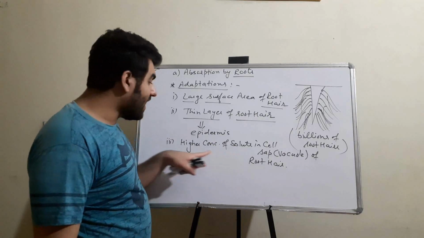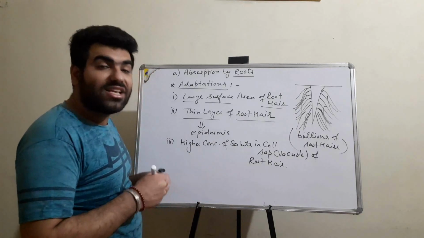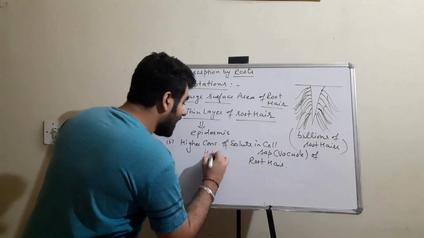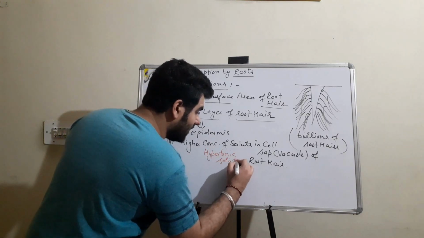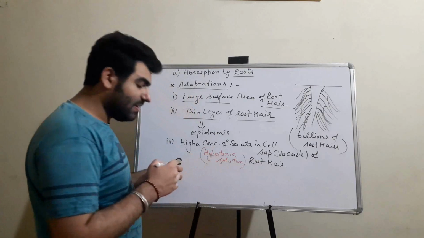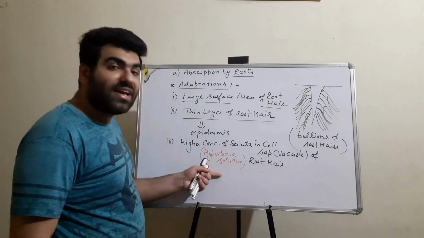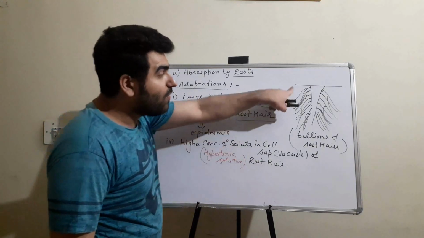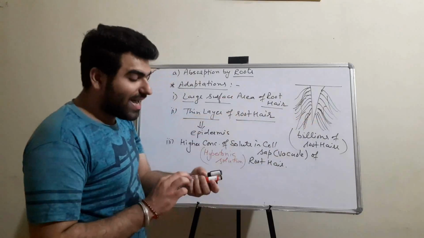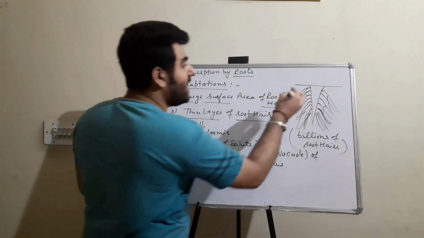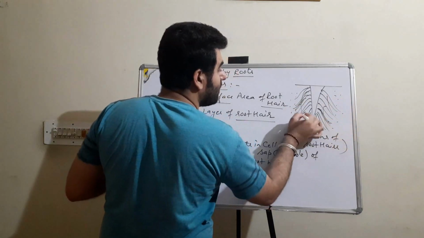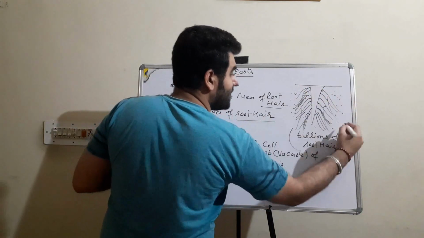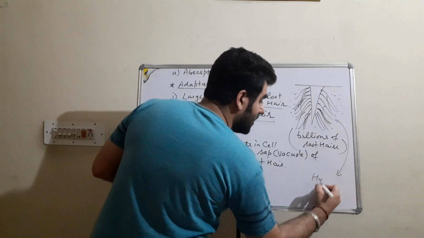That is why there is a higher concentration of solute, making this a hypertonic solution. The vacuole of the root hair has a hypertonic solution. Now when water is poured here, this water forms a hypotonic solution.